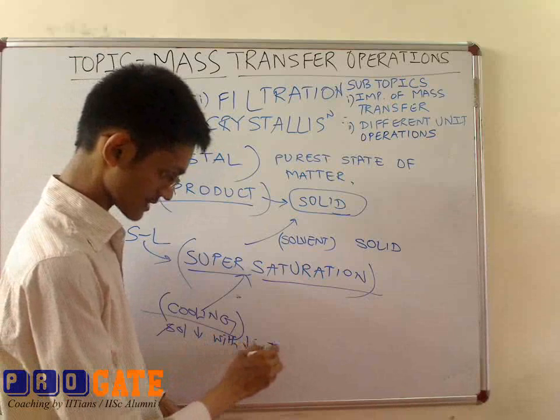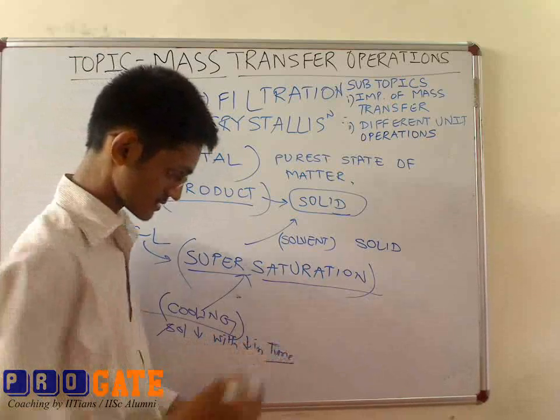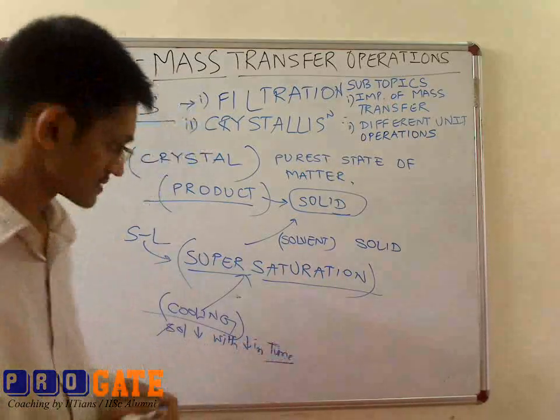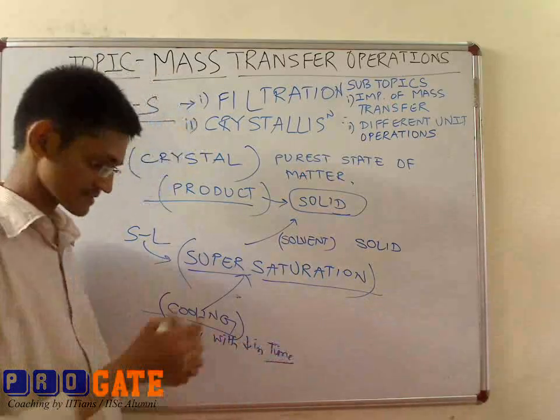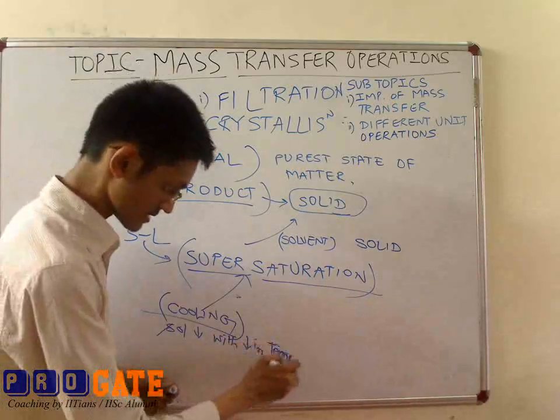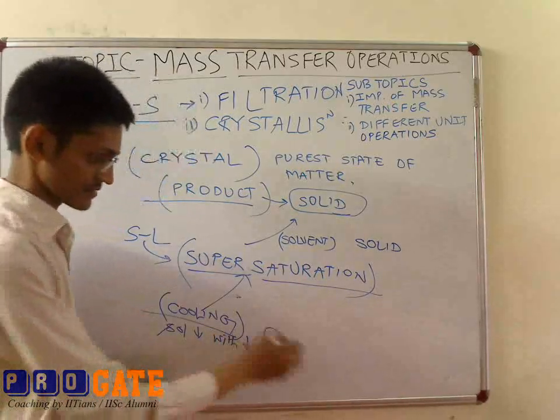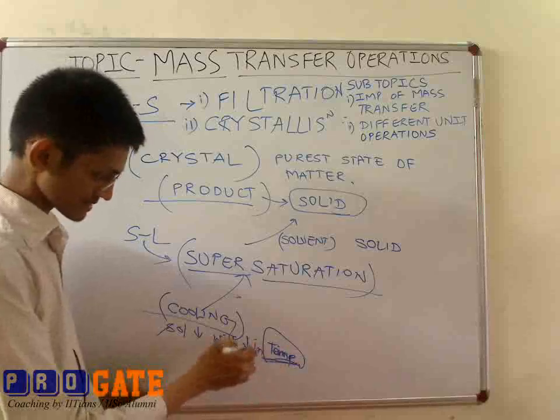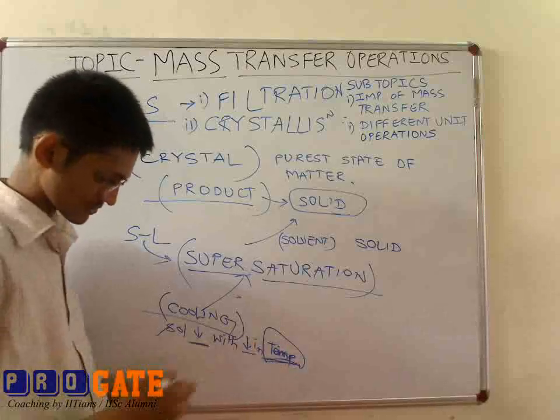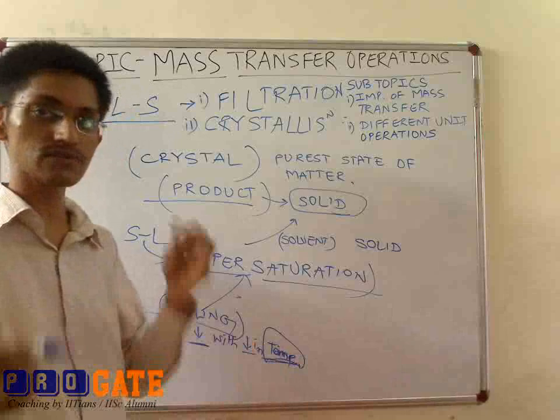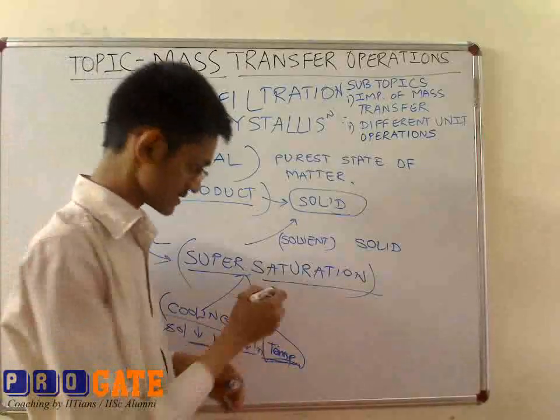Though there are a few exceptions like the hydrated salts, for which the solubility decreases with increase in temperature, normally this trend is followed. You decrease the temperature, and the solubility of the solute in the liquid decreases.